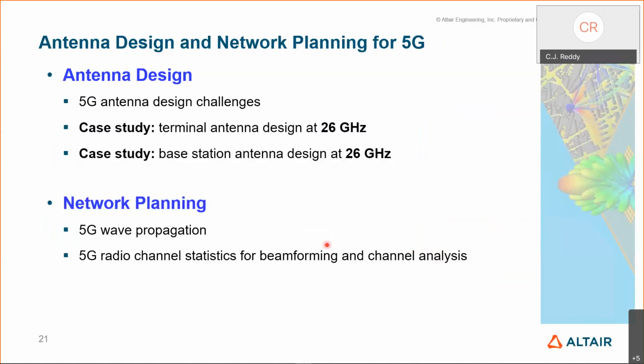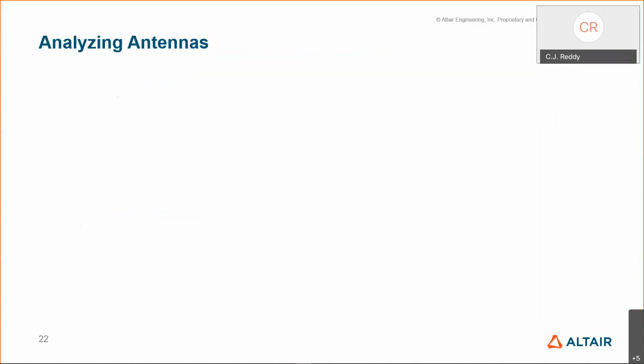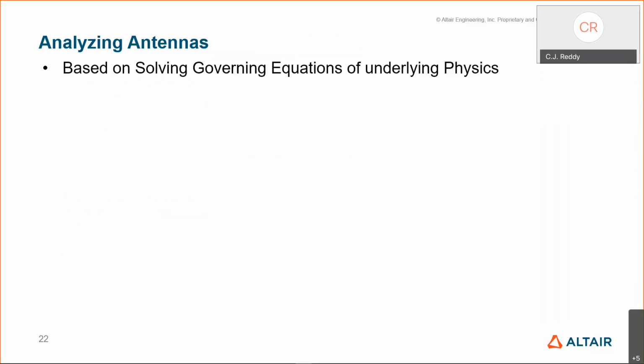So we'll take a look at a case study, not so much as this being the best design or anything like that, but how you can design some of these antennas, the process of simulations, and also network planning in terms of wave propagation and also channel statistics, beamforming, etc. So coming to antennas, we'll first deal with antennas and then go to the channel capacity and channel analysis portion of the talk.